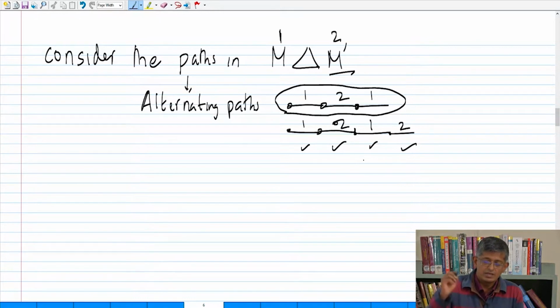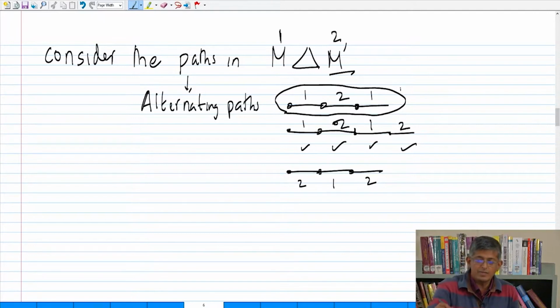So you must find 2, 1 and 2. This kind of a path counts fewer edges of M prime than M. So it cannot be that all the paths look like this.